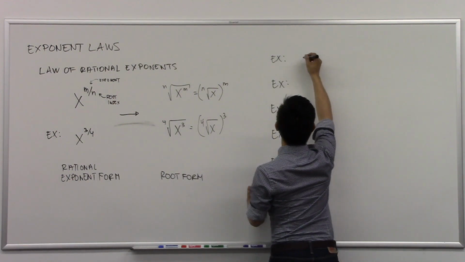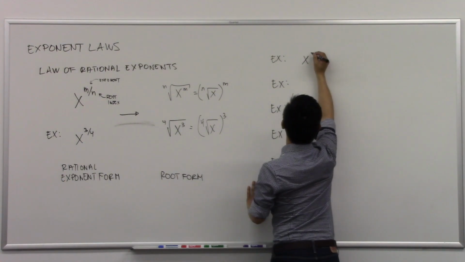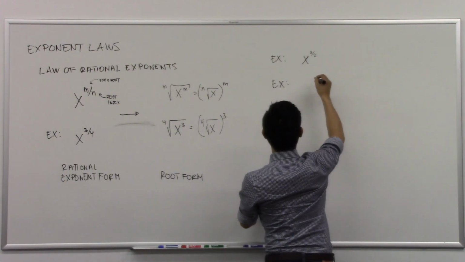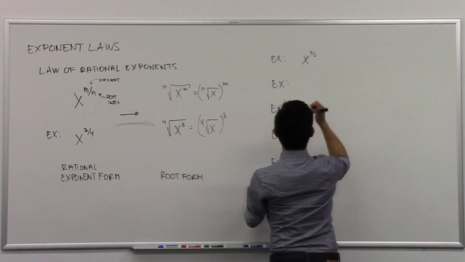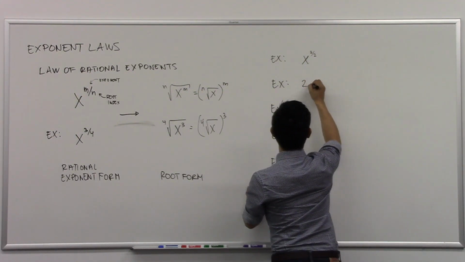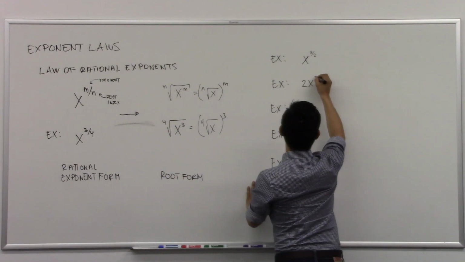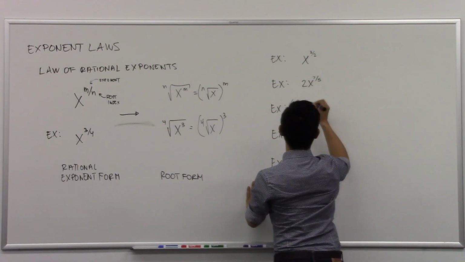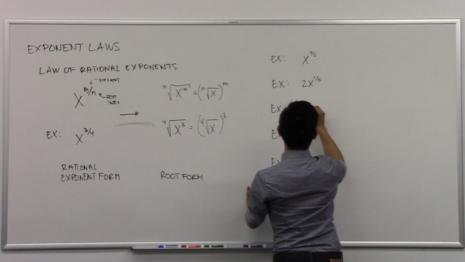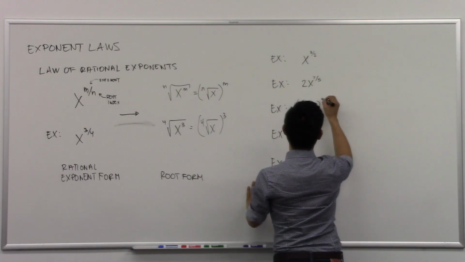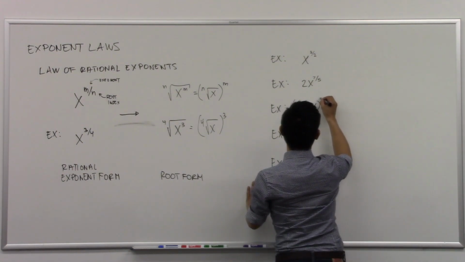All right, if you had x to the, let's say, 3 over 2. What if you had 2x to the 7 over 5? What if you had 3x to the 10 over 9?